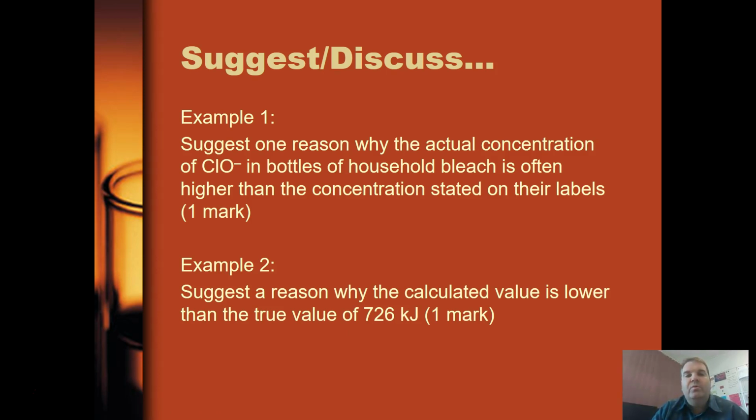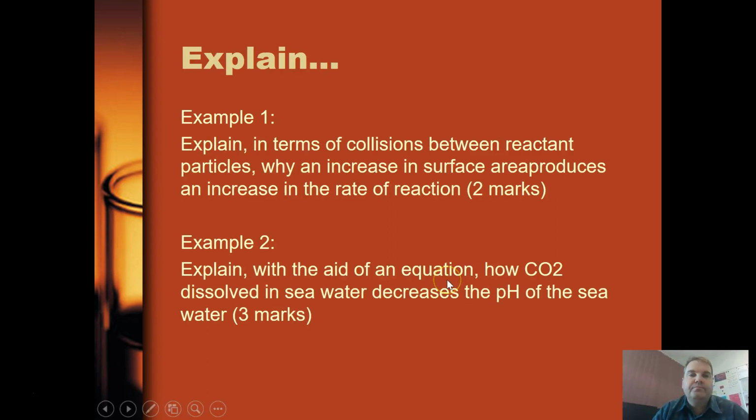It's just a statement, one sentence, 1 mark. Here, suggest a reason why the calculated value was lower than the true value of 726 kilojoules. You could say because there's heat loss to the surroundings, and that would be fine because there's just 1 mark for it. You just have to suggest a reason. So keep it short and simple. Don't spend extra time in the exam when you don't need to.